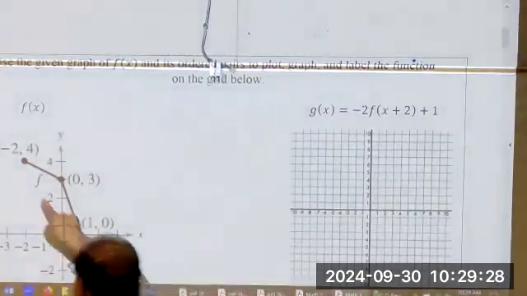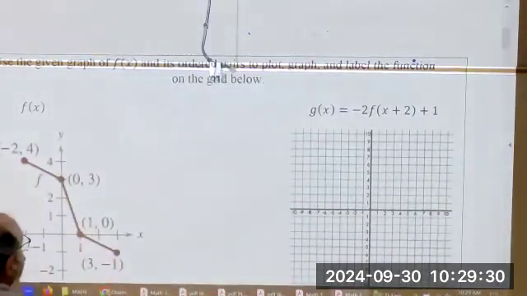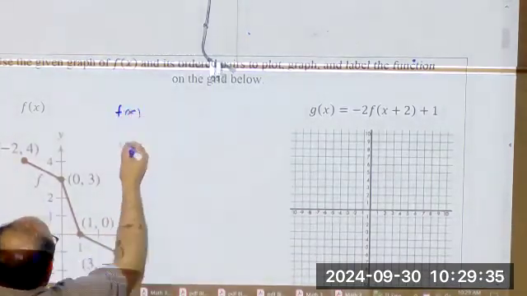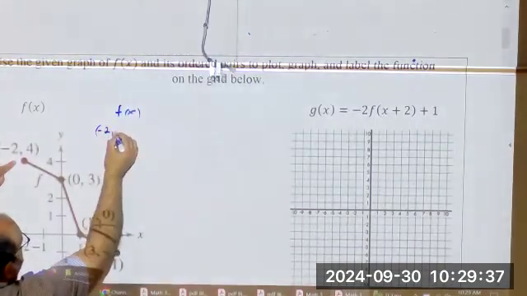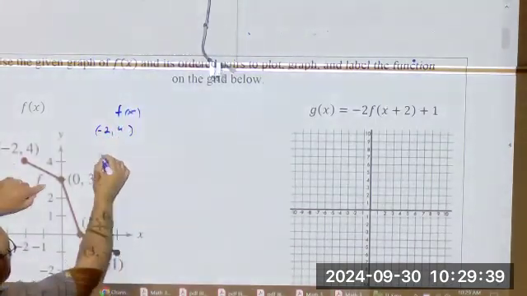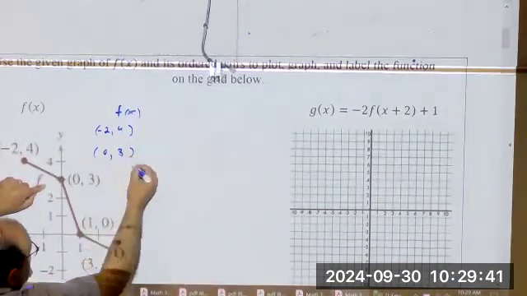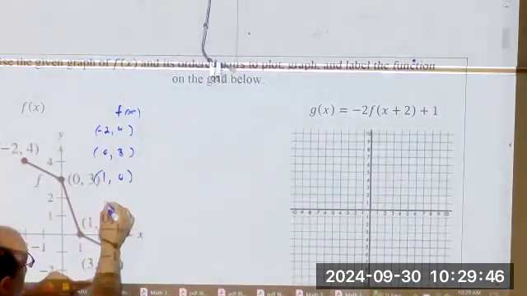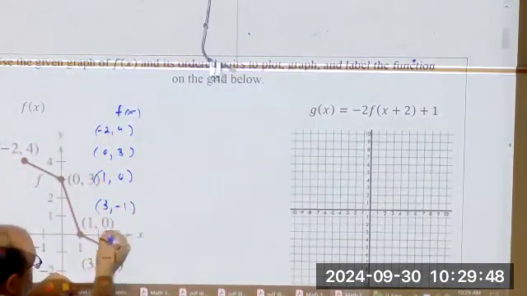First thing, I want these ordered pairs. So from left to right, F of X is -2 and a +4, a 0 and a 3, a 1 and a 0, a 3 and a -1.